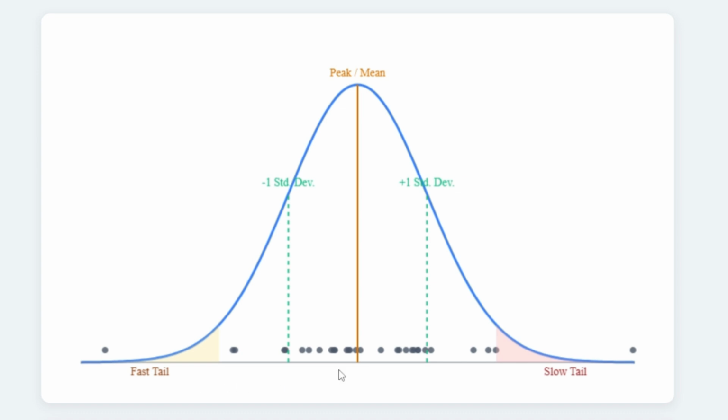Now if you look at the height of the curve towards its peak, this lines up where the most concentration of past race times are, telling us that the higher the curve, the more likely the dog will achieve this sort of time range. And then as we come along to the more extremes, that curve reduces in height, showing us it's less probable the dog can achieve such extreme times.